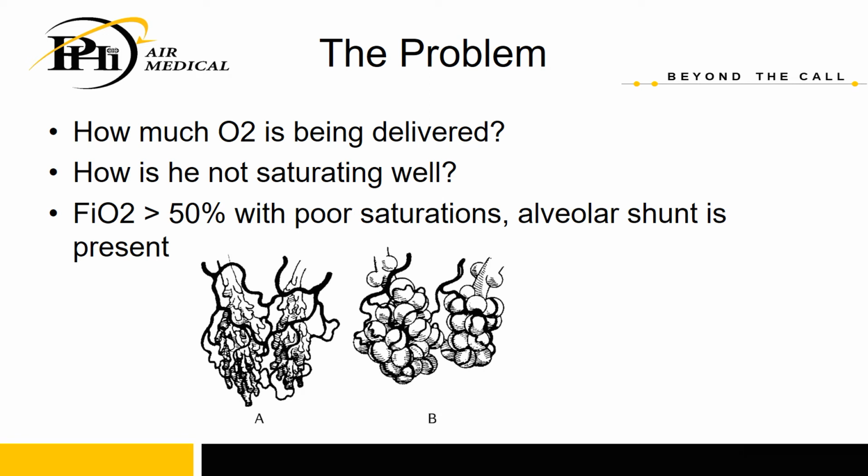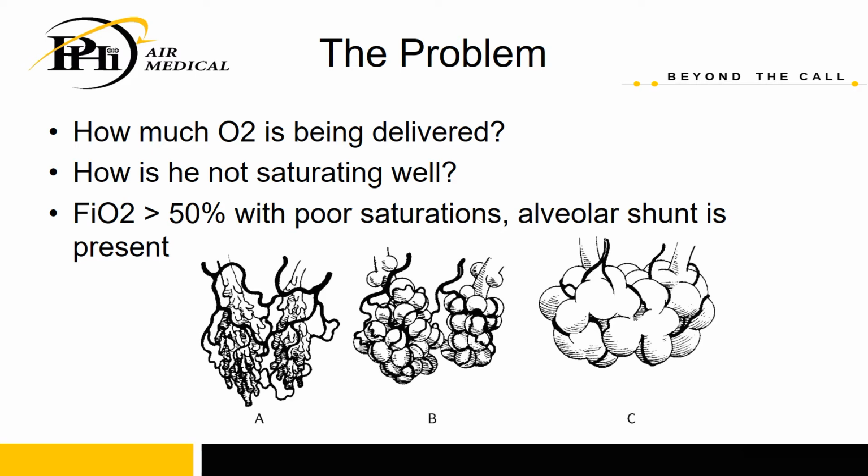We start to recruit all of those alveoli, and eventually we start to see an increase in their oxygen saturation as we start to recruit more and more of those alveoli. After 30, 40, 50 minutes, we end up with this nice full recruitment, and we have very good oxygen saturation for this patient. So how do we combine PEEP and flow?